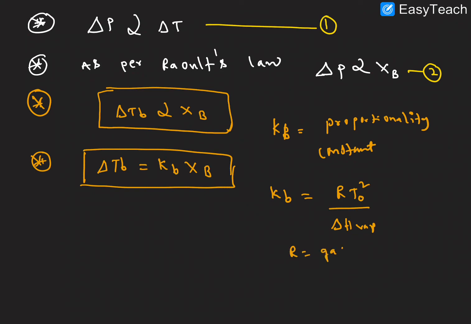So that is the proportionality constant. R is the gas constant. T naught is the initial temperature, nothing but the boiling point of the pure solvent.